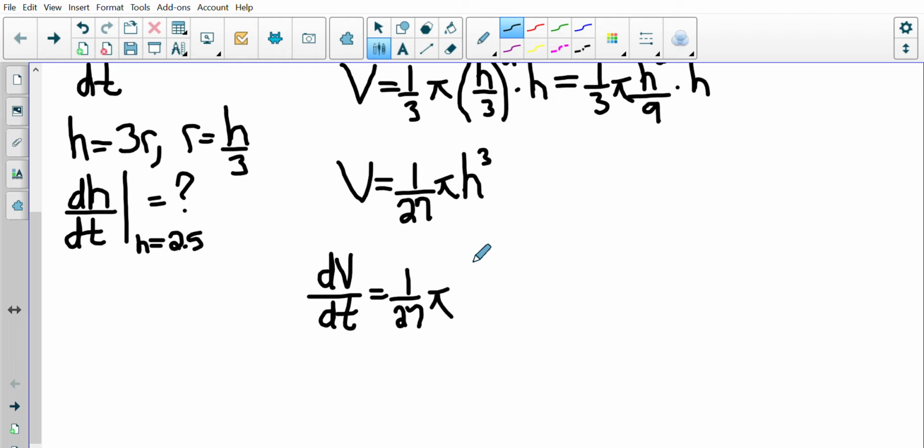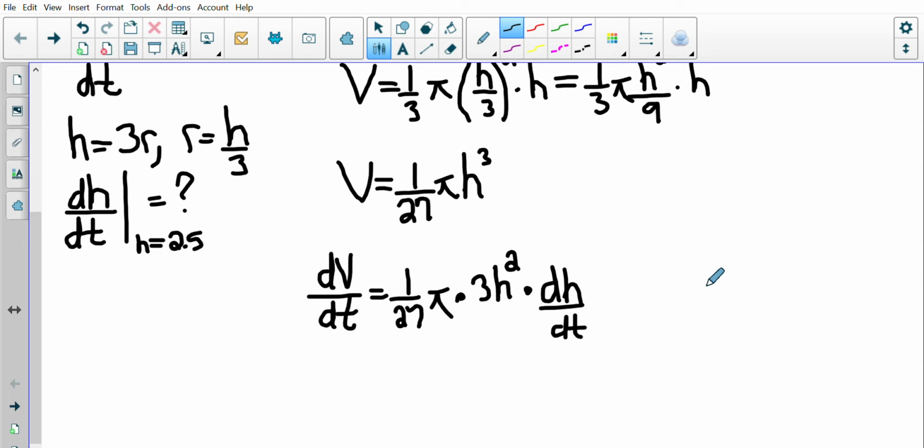Now I have to take the derivative of h cubed with respect to time. So the 3 comes down, times 3, times h, and then knock 1 off the exponent, squared, but then times the derivative of the function inside, and we don't know that derivative, so I'm going to write it down, which is dH/dt.